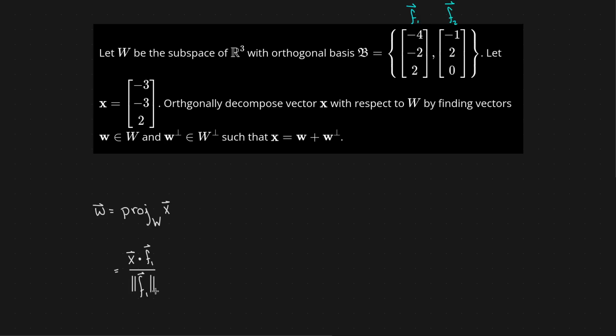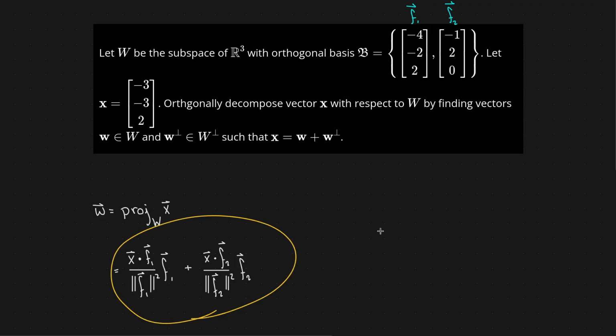This is the formula for the projection of x onto f1, and then I add that to the projection of vector x onto vector f2. In this case, those are the only two vectors in the basis, so this will give me the projection of vector x onto the subspace W.